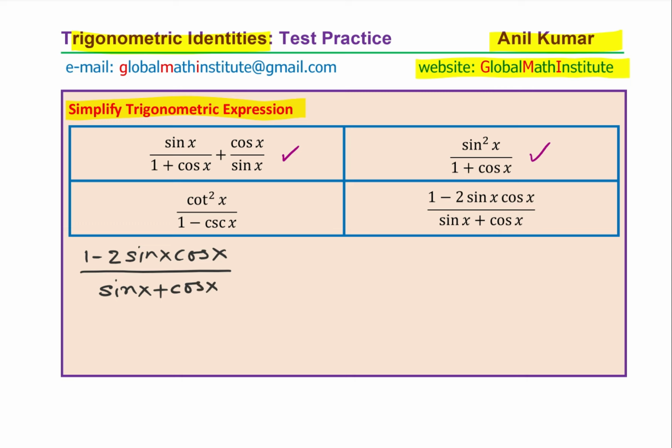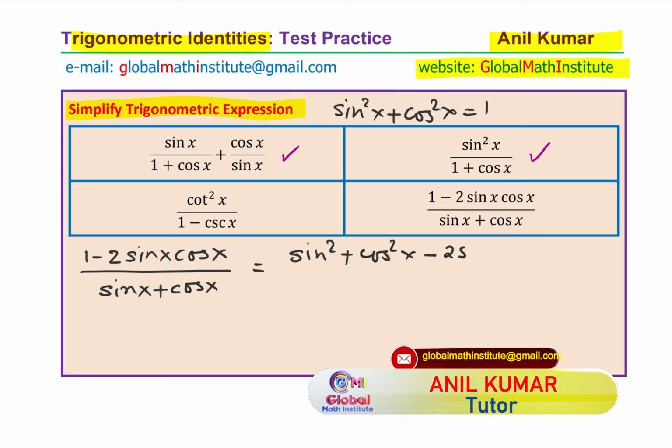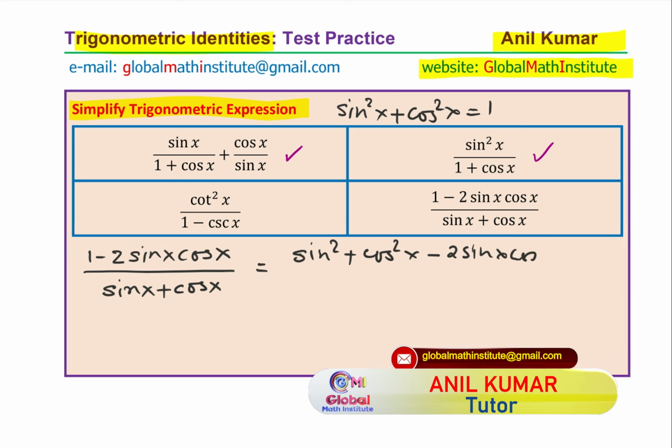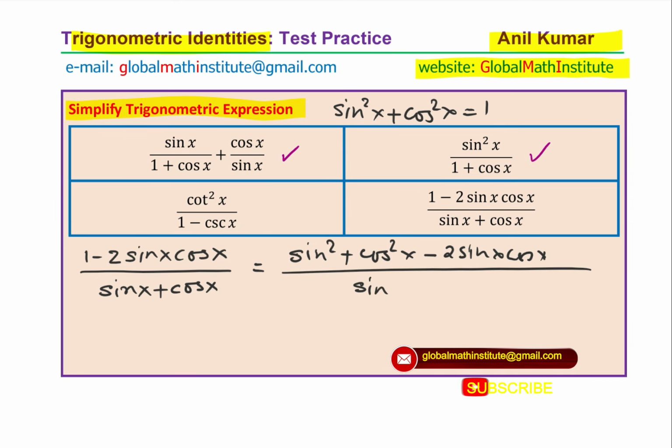Now see, we learned that sin square x plus cos square x is equal to 1, right? So we can write 1 as sin square x plus cos square x. You see that? And therefore, we will write this as sin square x plus cos square x minus 2 sin x cos x over sin x plus cos x.